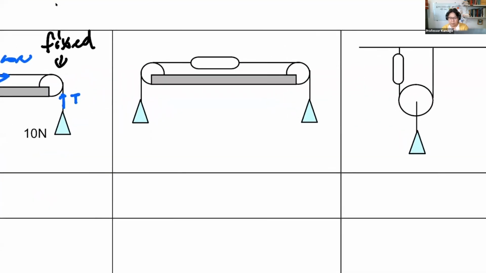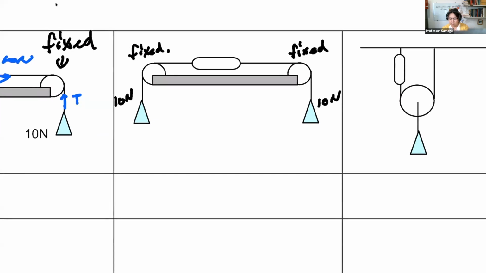What happens to this one? Now we have two pulleys. Are these pulleys fixed pulley or movable pulley? These pulleys are fixed pulleys. Fixed. And each one of them has 10 Newton. Therefore, we have a tension force T. That's going to be 10 Newton.